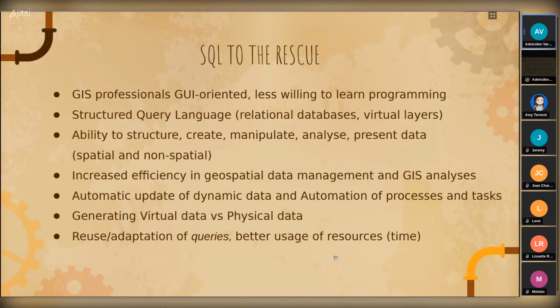Virtual layers allow you to use structured query language on vector-based or even tabular data, such as we have at hand. SQL allows us to structure, create, manipulate, analyze, or present the data, both spatial and non-spatial, using text-based commands. It's based on English, so we need to understand this language.